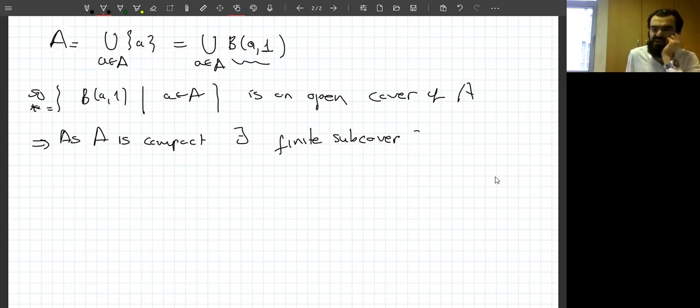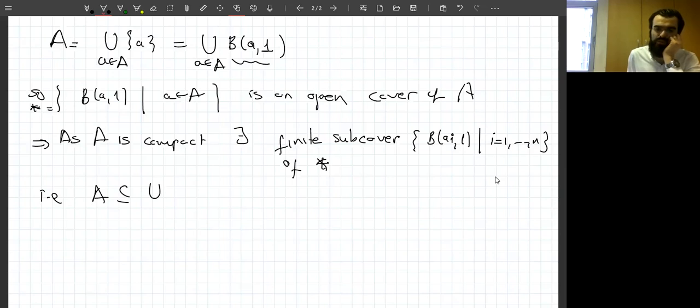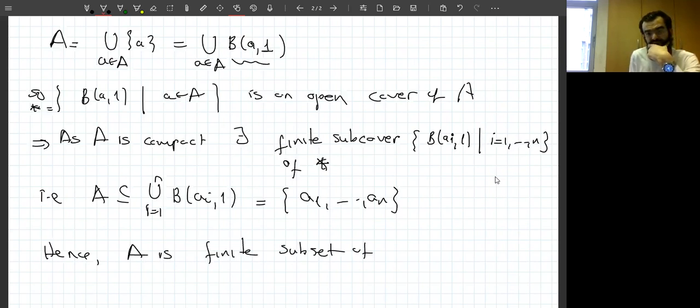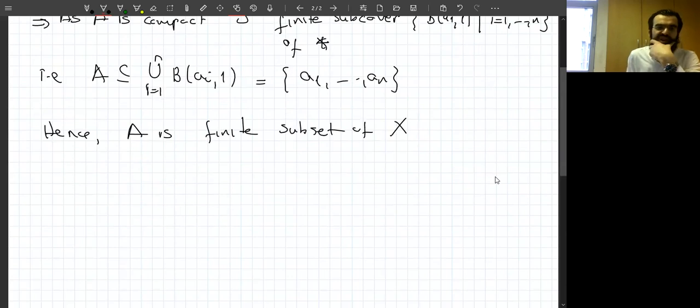A finite subcover, say the balls around a_1 up to a_n, of star, i.e., our set is a subset of these balls, 1 to n, so A is a finite subset of X. Okay, do you have any question?